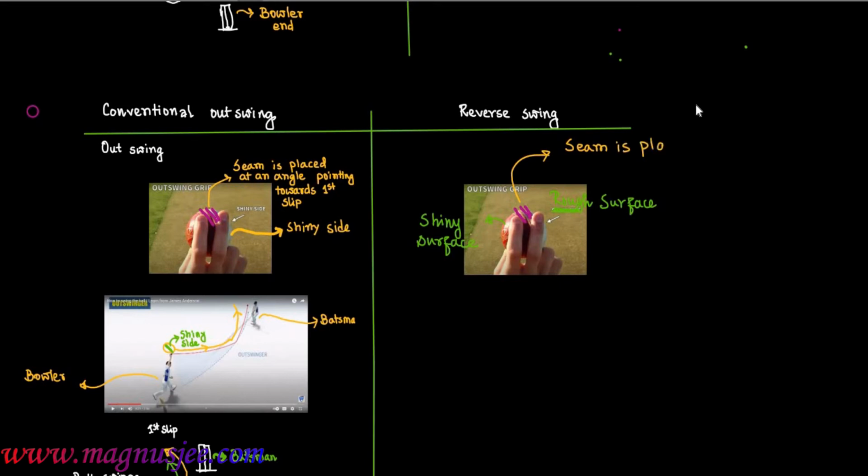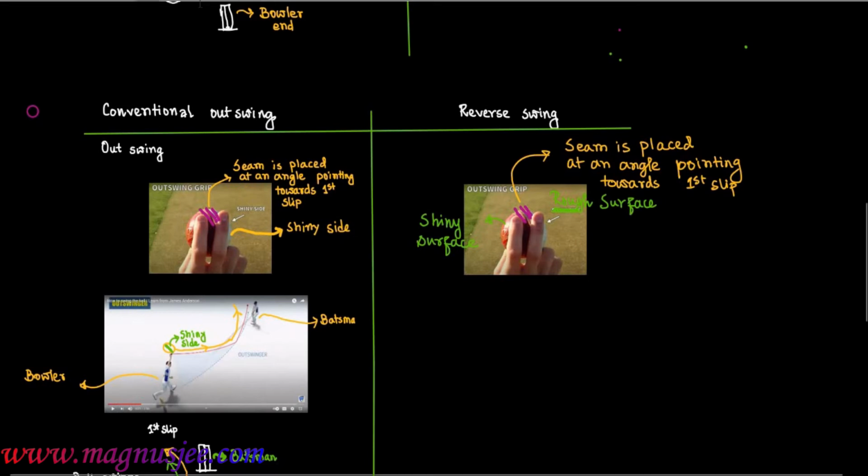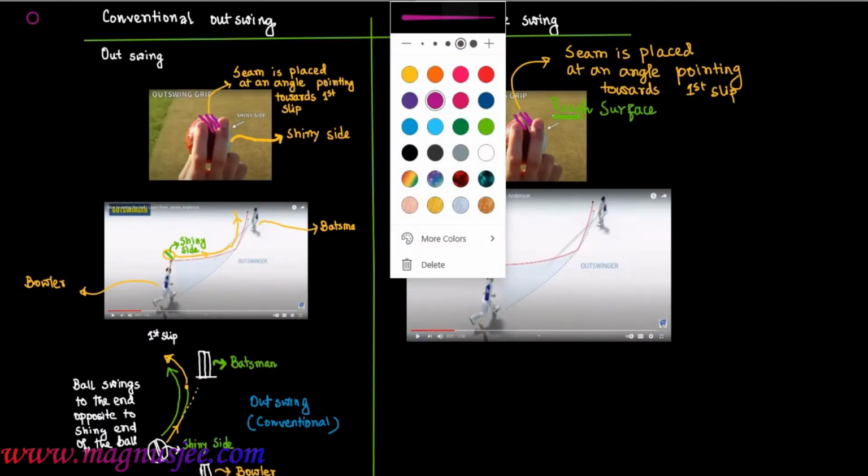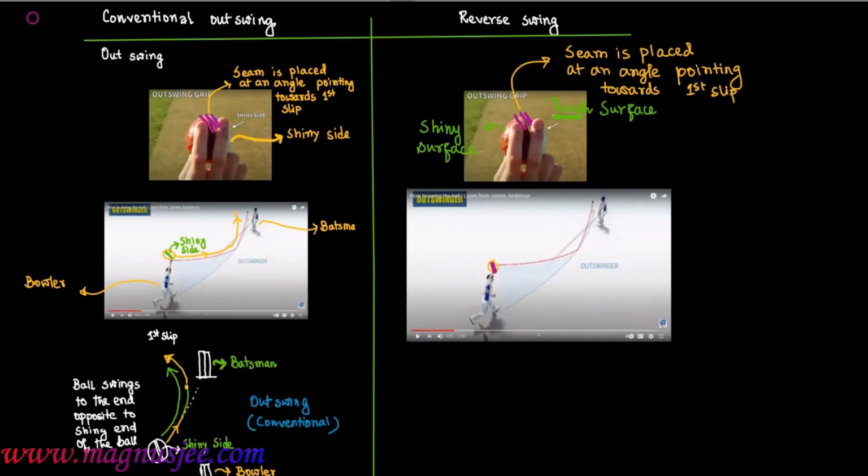That means the seam is placed at an angle theta with the initial line of flight, pointing towards the first slip.